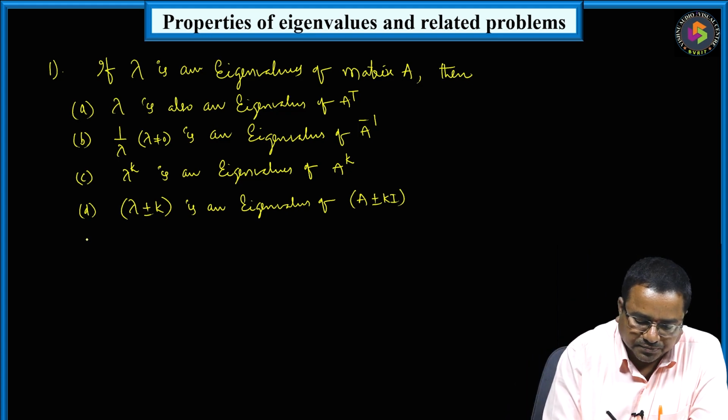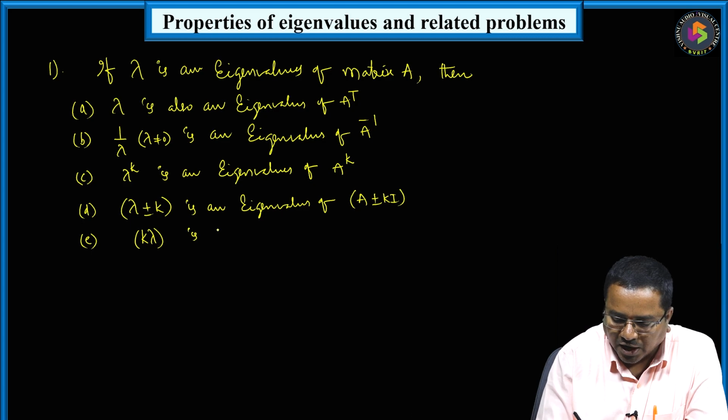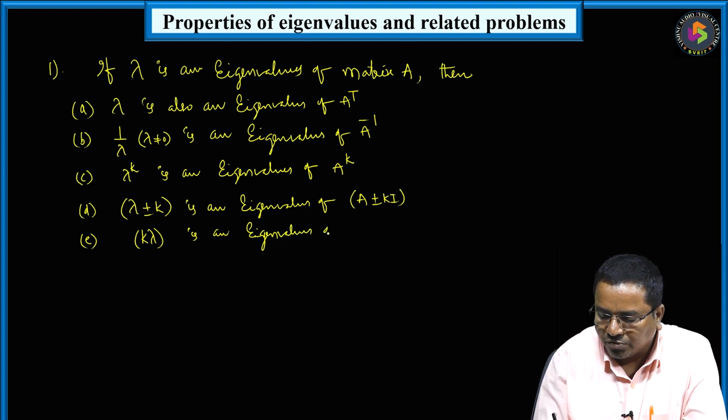The next one: k lambda is an eigenvalue of the matrix kA.